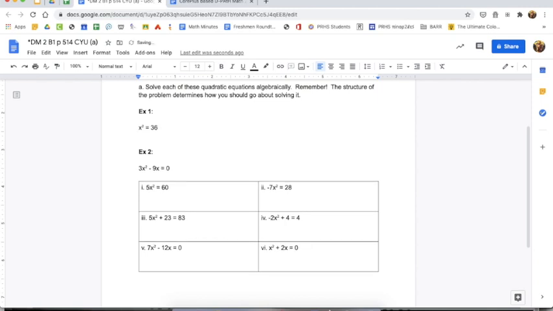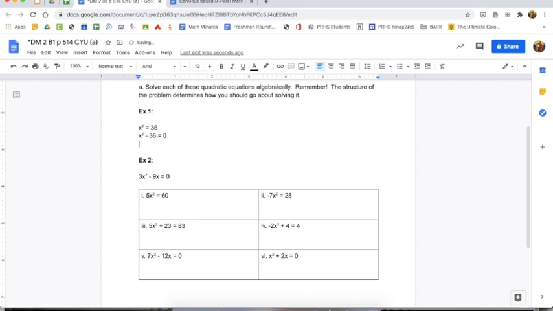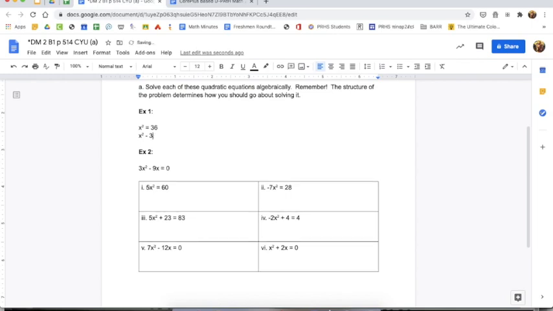Another way you might see this exact same problem might be like this: x squared minus 36 equals 0. Hopefully you can see that those two things are equivalent. I'm going to just assume we're starting at this step, and all we're going to do is basically take the square root of both sides.